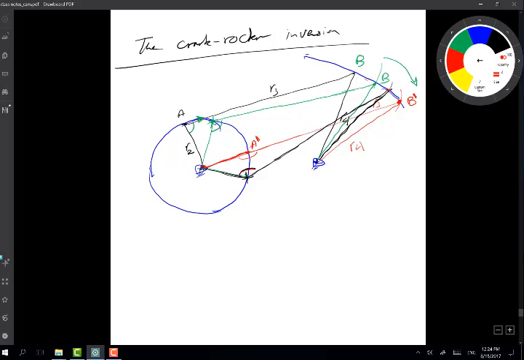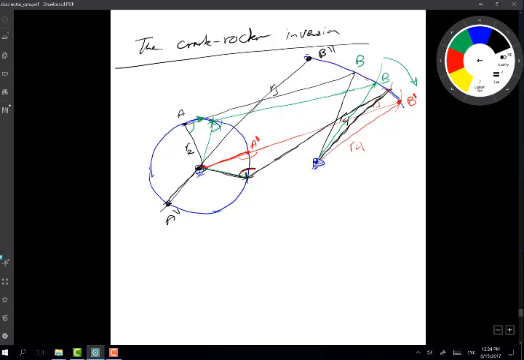So now I'll just try to draw this with a different color, but maybe I can use black again or something like that. Right, so let's say it's here. So this will be now B double prime, and this is A double prime, like that.